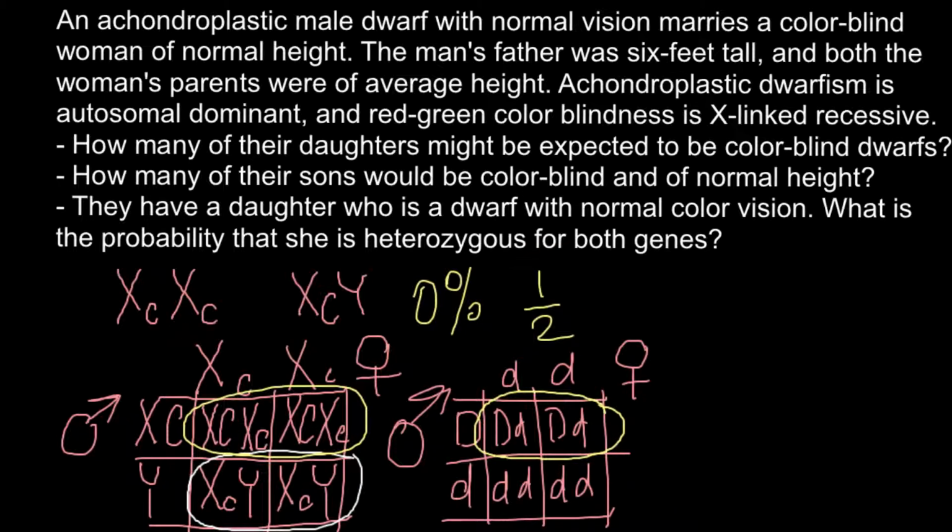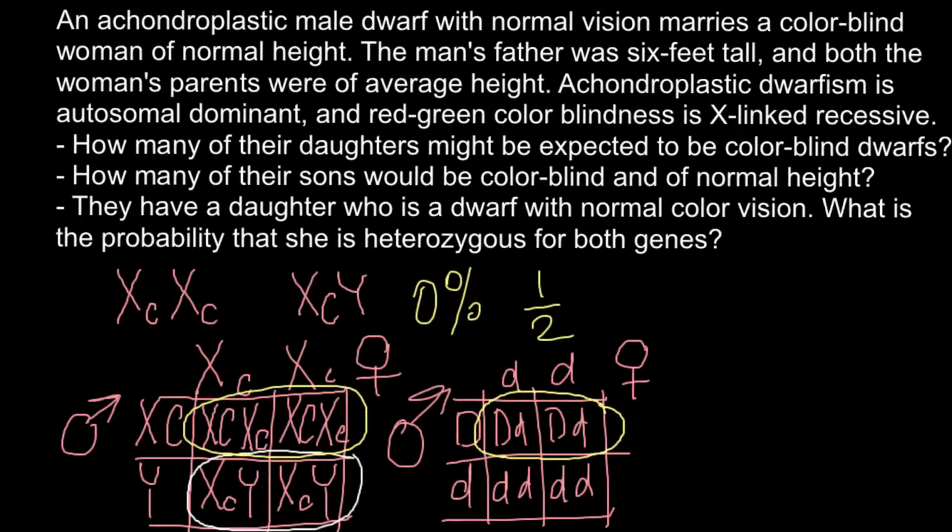And the last question: they have a daughter who is a dwarf with normal vision. What is the probability that she is heterozygous for both genes? Once again, let us return to the first Punnett square, and as you see, 100% of all the females would have normal vision, and 100% of them would be heterozygous for this trait.